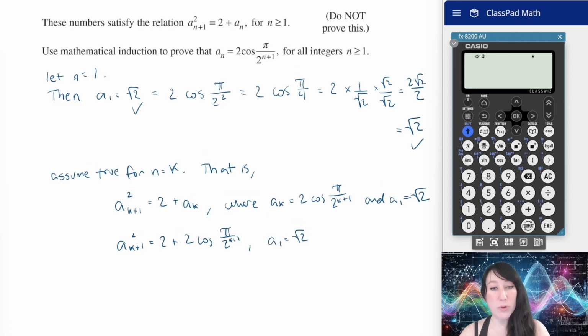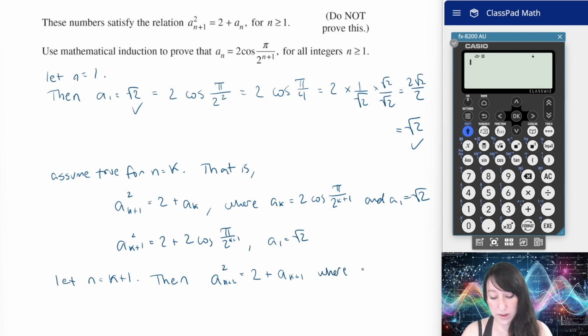Now we see if we can prove it's true for n equals k plus 1. So now we need to show that a k plus 1, so k plus 2, squared equals 2 plus a k plus 1, where a k plus 1 is 2 times cosine of pi over 2 to the k plus 1, so k plus 2.